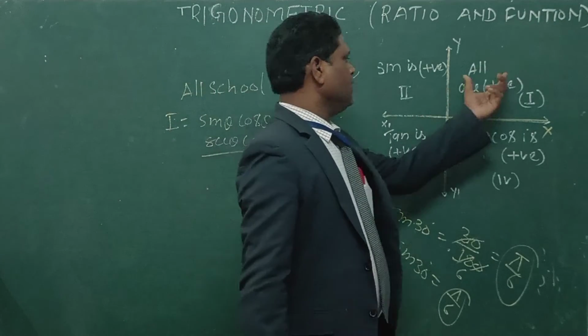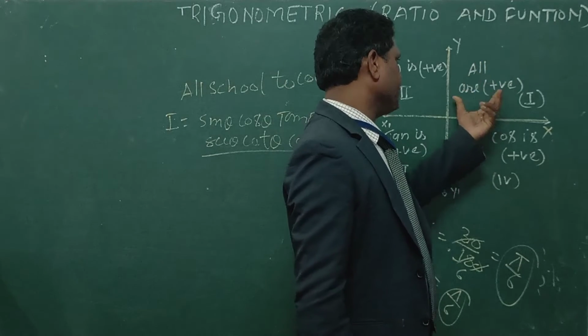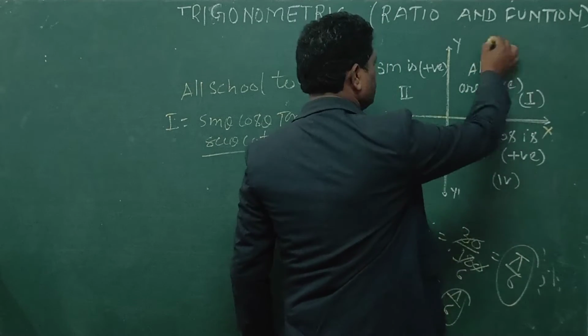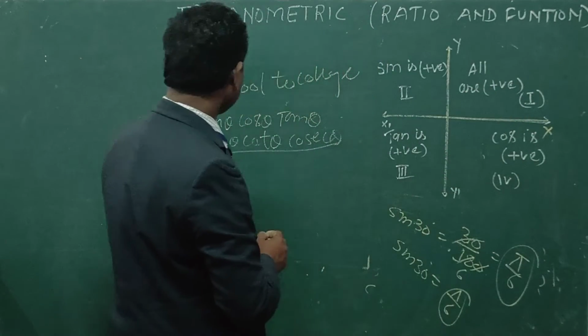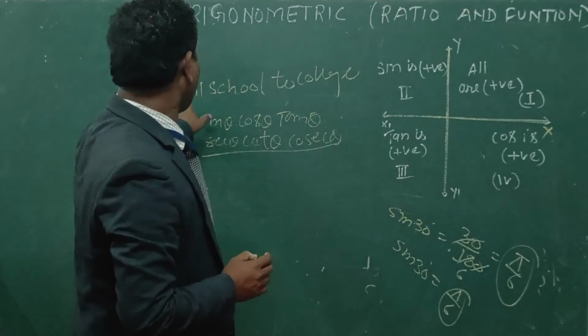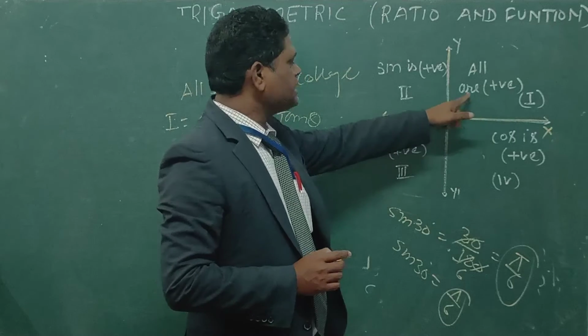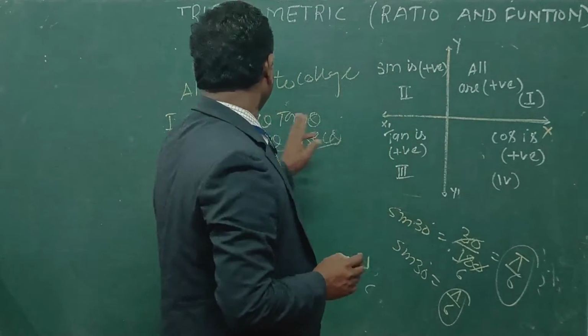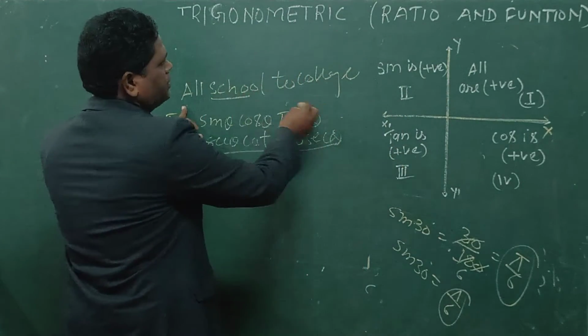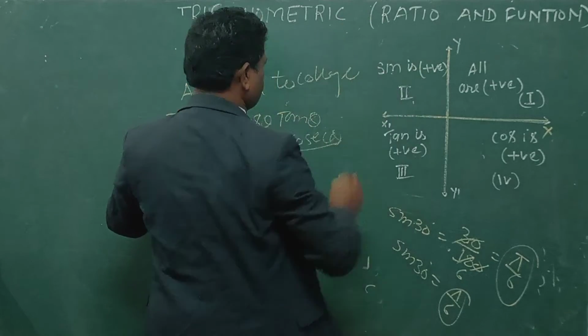All things are positive in the first quadrant. All, sin, cos, tan, cosec, cot: "All" means all, and "S" means sin and cosec.